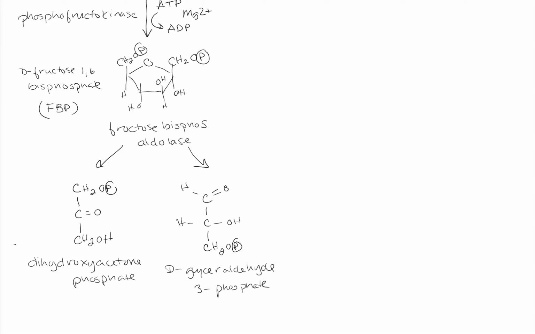Now, the final step in the first phase is that we move the dihydroxyacetone phosphate over to glyceraldehyde 3-phosphate using triose phosphate isomerase. And actually, this can go both directions.